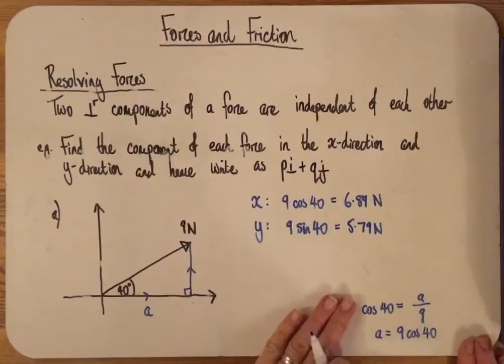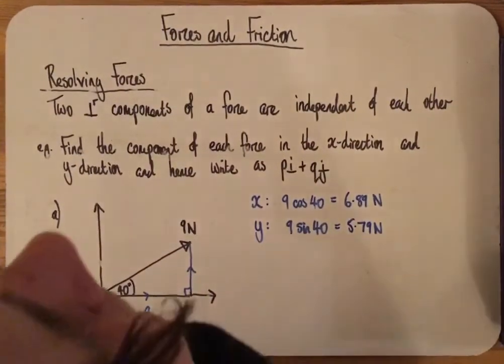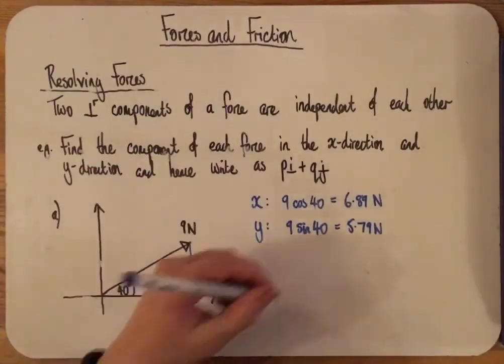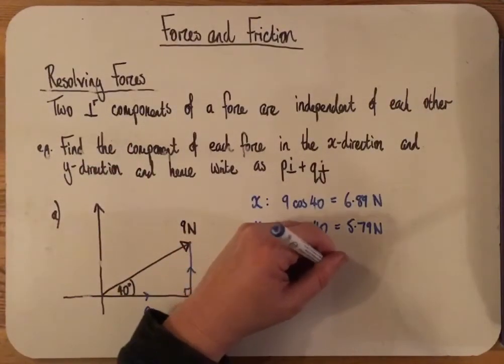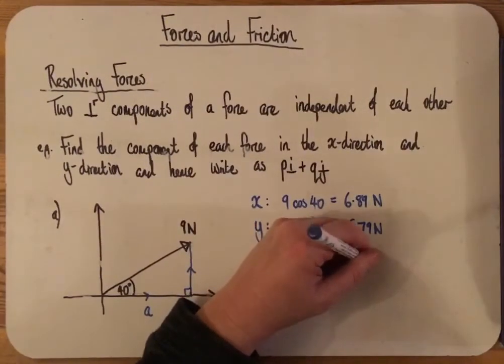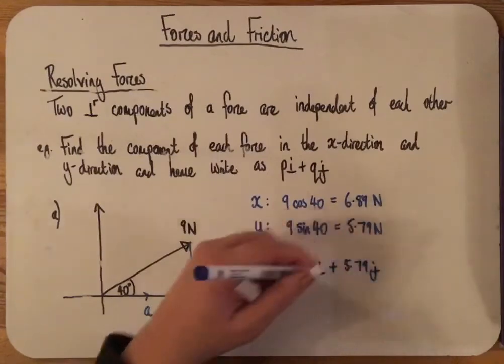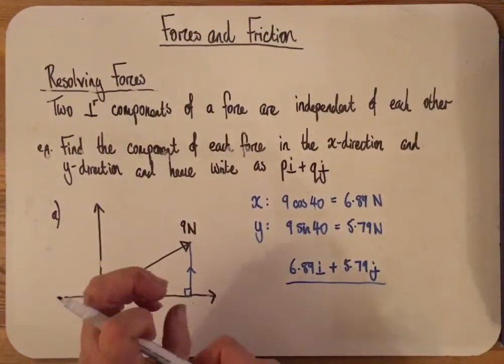And so you can now write that as a vector, and that gives you 6.89i plus 5.79j. Or you could write that in column notation if you wanted to.